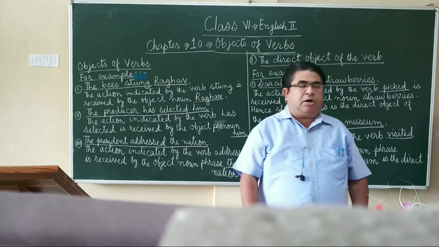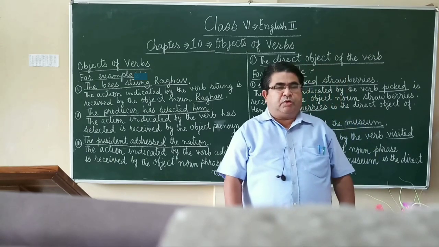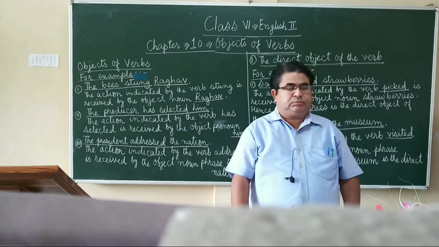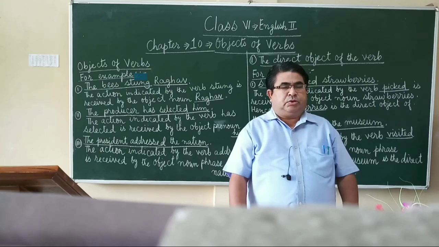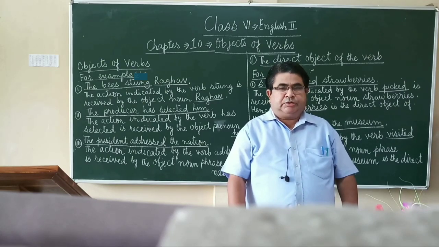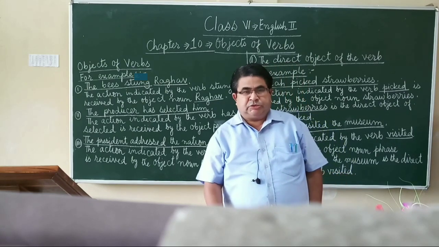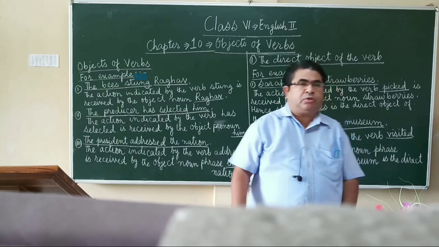The object of the verb usually follows the verb. In order to find out the direct object, we have to ask the question whom or what after the verb in a sentence. For example, children, all of you see the blackboard.